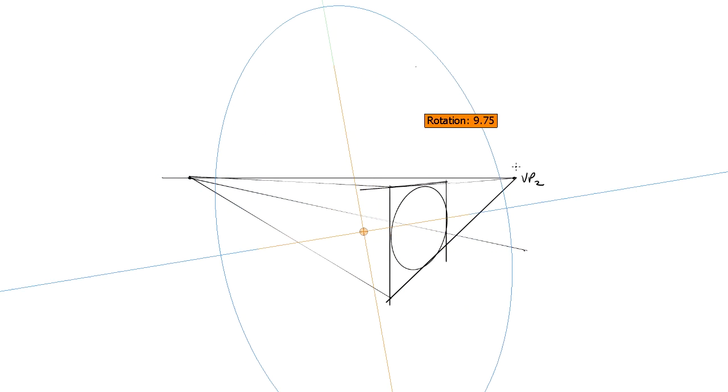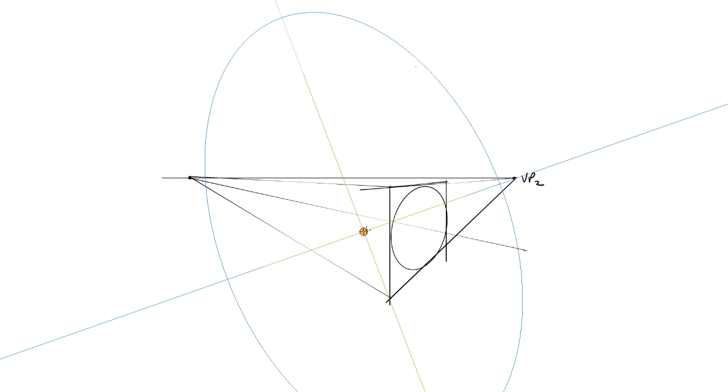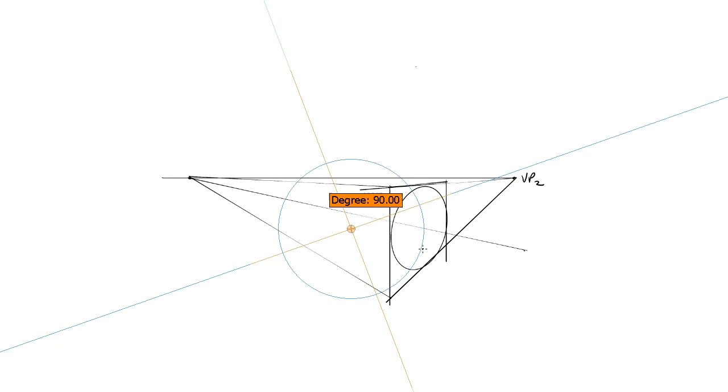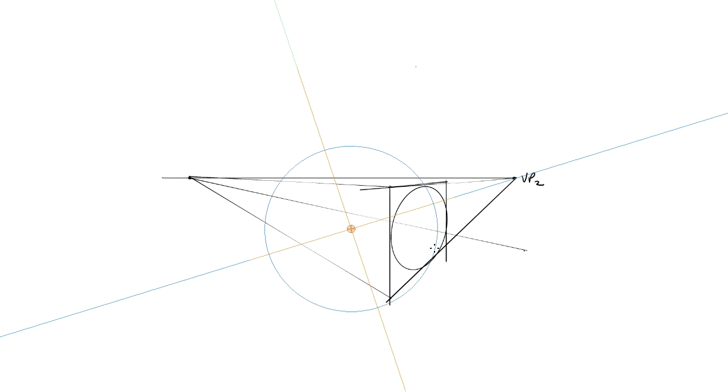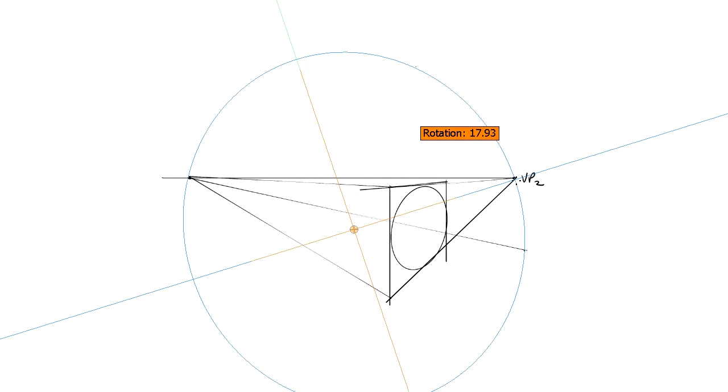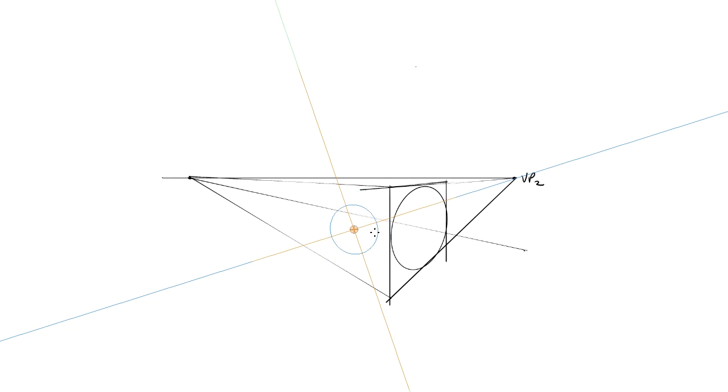because we have to draw an ellipse whose minor axis aligns to this vanishing point, and whose degree makes it so those two contact points actually touch and are aligned roughly. Again, I'm going to pause this because this takes a little bit of time to actually figure out.